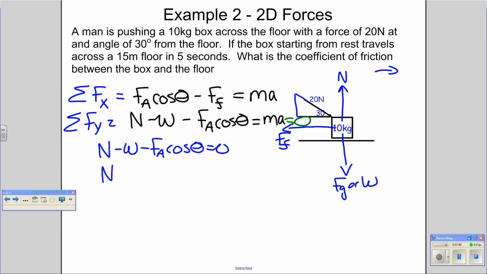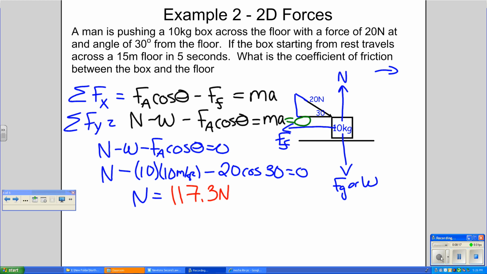We do not know our normal force, minus our weight, which is 10 kilograms times 10 meters per second squared, minus your force applied, which is 20 newtons, times cosine of 30. Okay? Equals 0. So normal equals 117.3 newtons. Okay, that's our normal force.